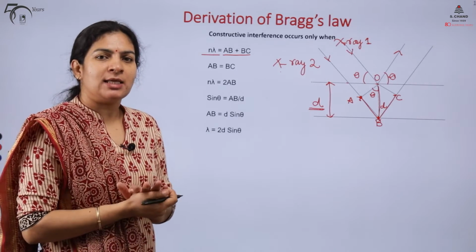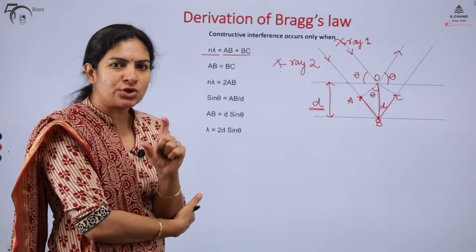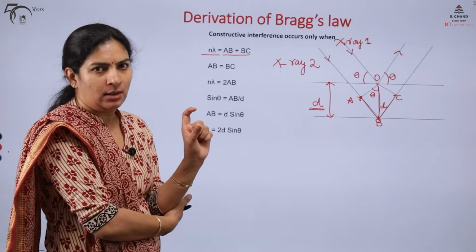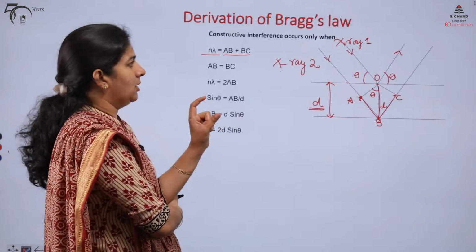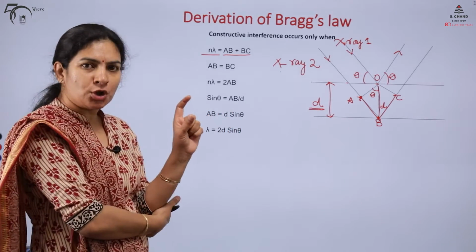So in other words, in order to have constructive interference, in order to have the bright spot, what should be the condition?